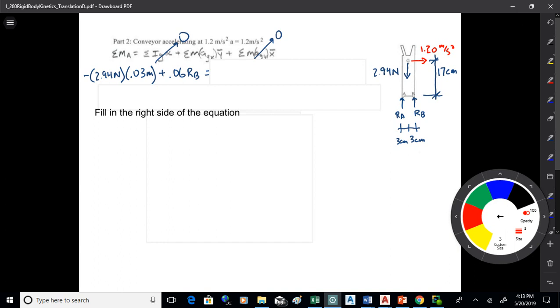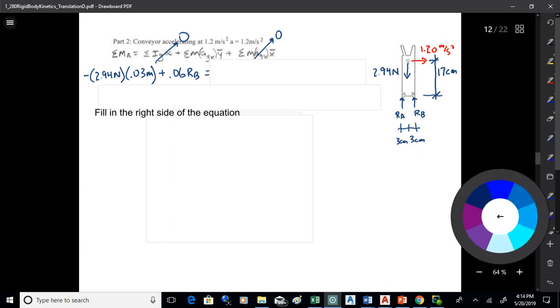So the left-hand side, getting back to what we were doing earlier in the class, I'll call that the static side. Just like what we did above, and that's actually why I did that, to clarify what the static side is. It's the left side: the forces and the weights, the reactions. It's minus 2.94 times 0.03 meters plus 0.06 times RB.